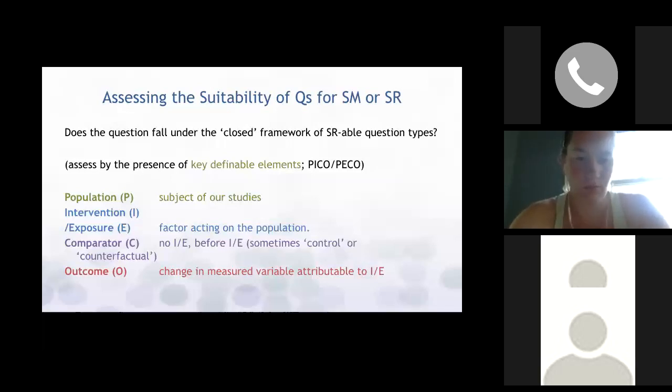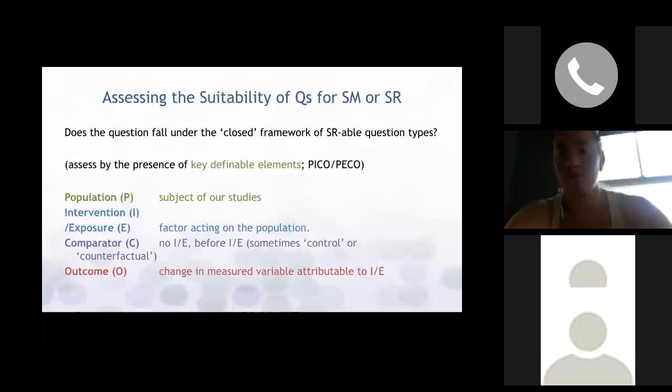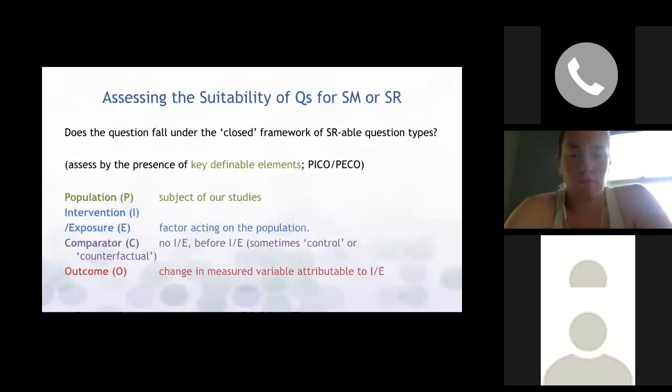Oftentimes with a systematic map, we're broadly interested to understand how scientists and authors have been studying or trying to attribute change or understand causality, and the breadth of the study designs that are out there. For a systematic review, we're really only interested in documenting when there's attributable change.